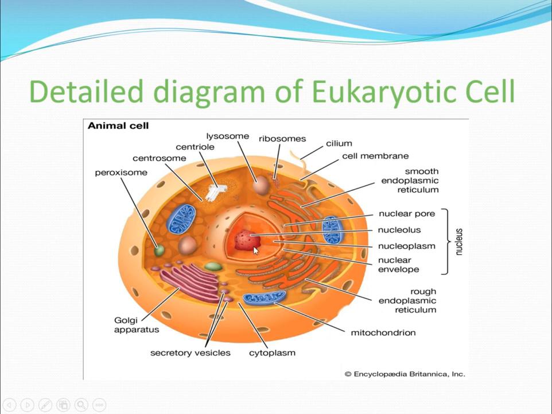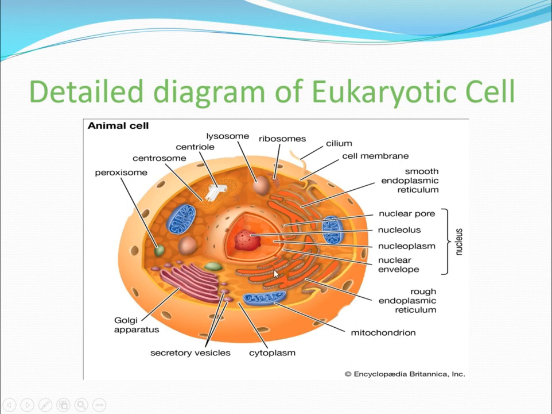The nucleolus is present inside the nucleoplasm, and the pore-like structures are the nuclear envelope. So after a lot of coverings and membranes, the nucleus is found inside. These all are the parts of the nucleus.